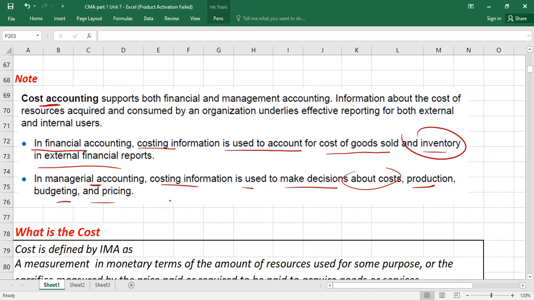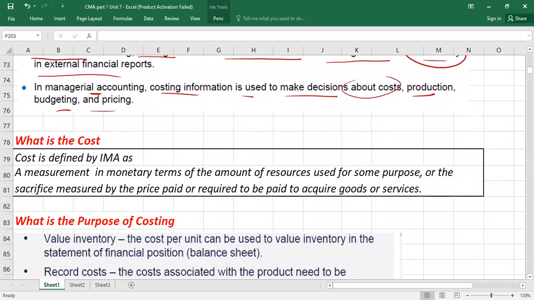Because obviously, you cannot set a sale price unless you know the cost of the product. So what is the point to remember? Cost accounting can support both financial accounting and management accounting. This point should be in your mind. Then, here I'm going to explain what the cost is and how you will define it.